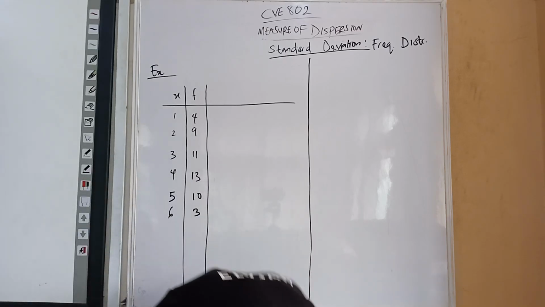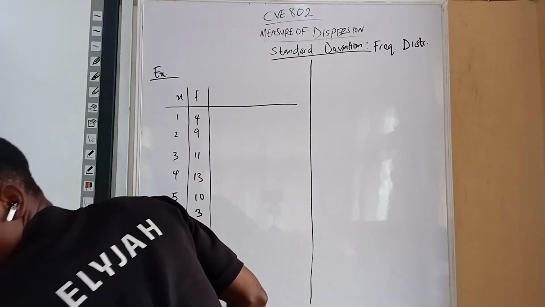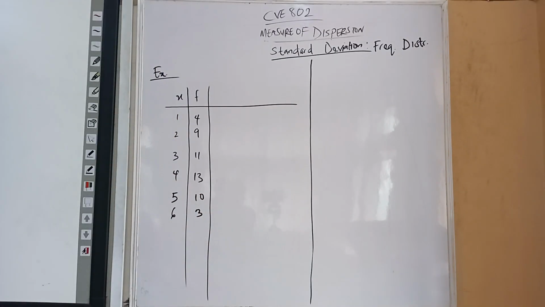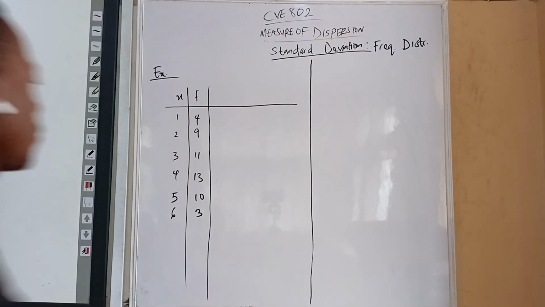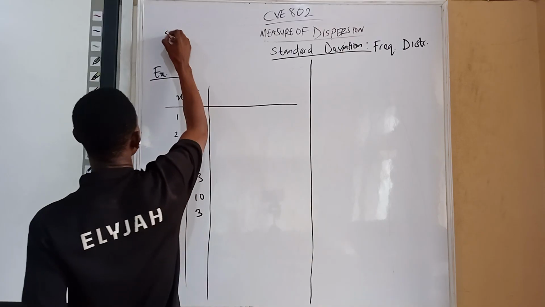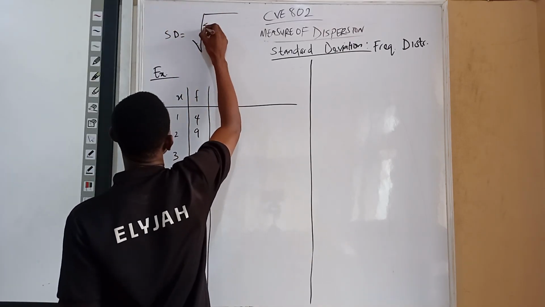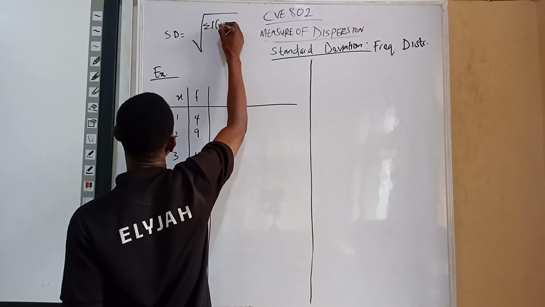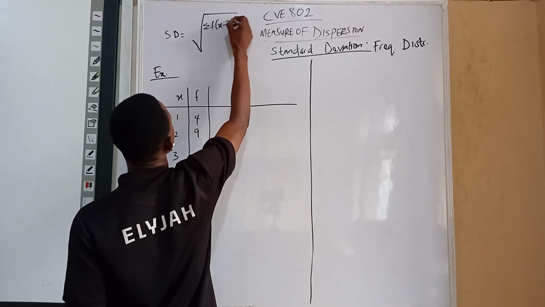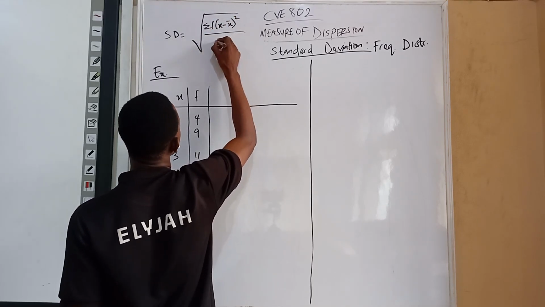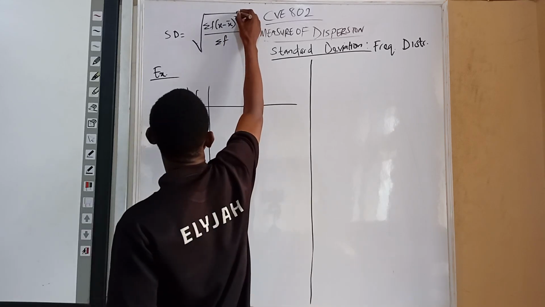The general formula for finding the standard deviation of a grouped frequency distribution is S equals the square root of summation f times x minus x bar squared, over summation f.